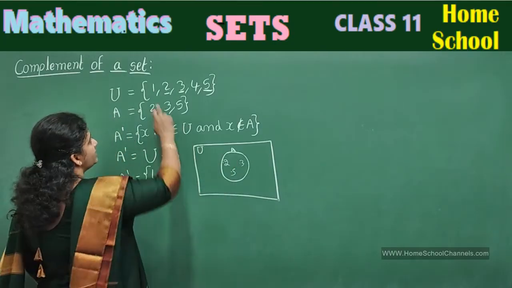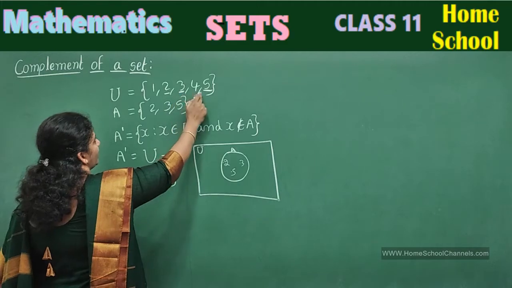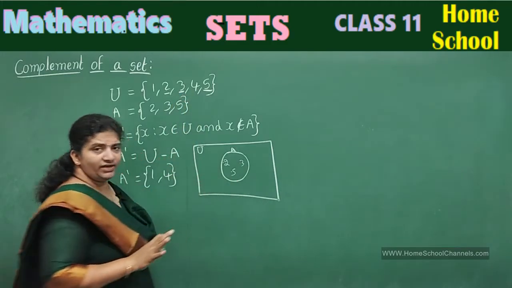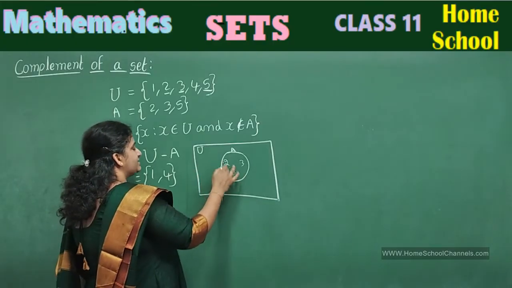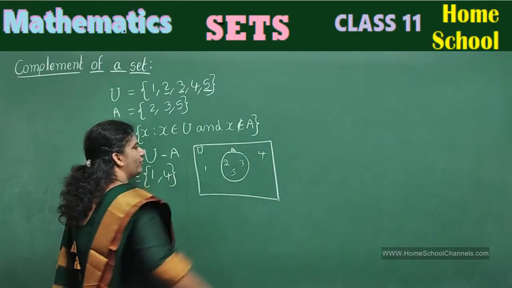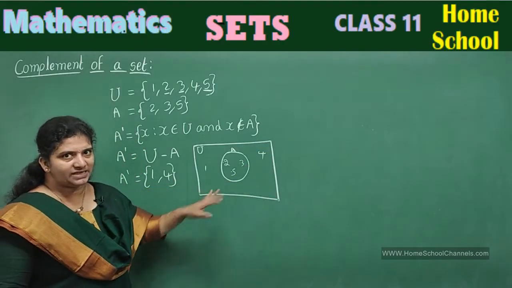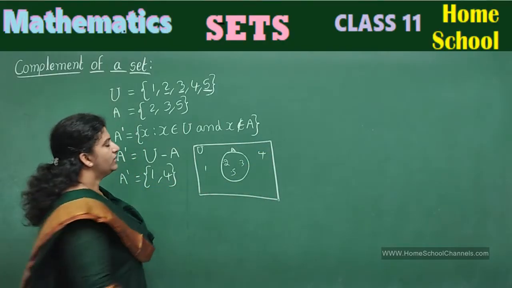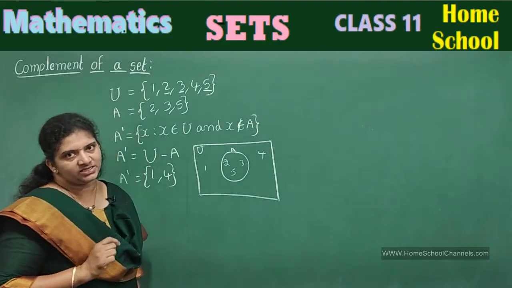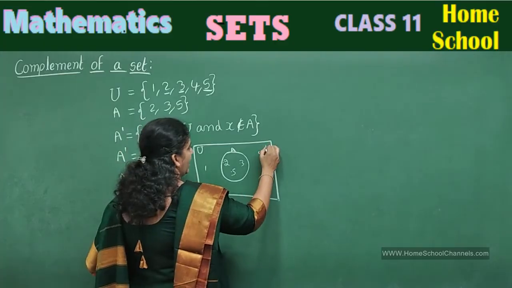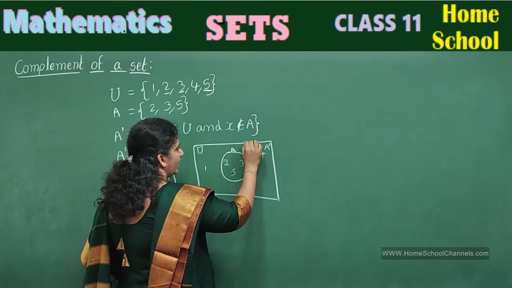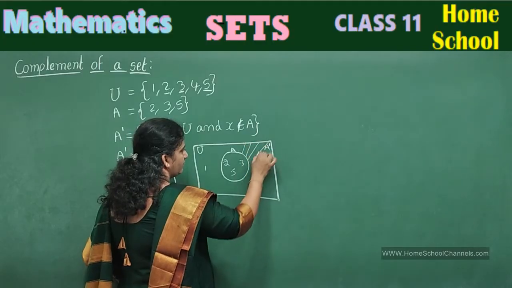And in universal set, 1, 2, 3, 4, 5. 2, 3, 5 I have already written. So other than these 3 elements, what do you have? 1 and 4, right outside the A subset. Now A complement, where I have to shade in this Venn diagram? A complement is other than A. See where I am shading, observe.